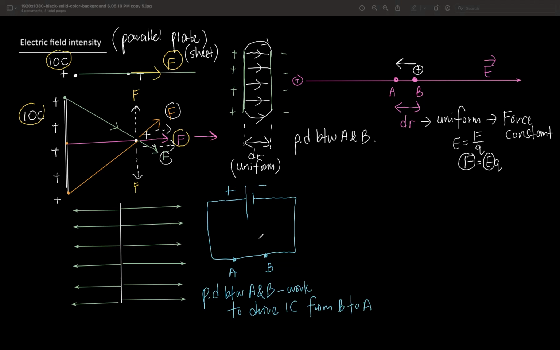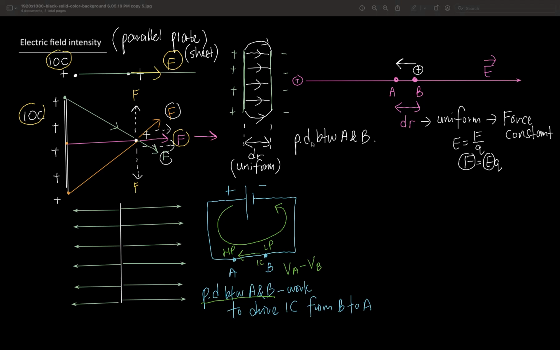Potential difference between AB, which one is larger? A is larger because the current flows like that, so this one has a higher potential and this one has a lower potential. You take the potential difference between them, so it's VA minus VB. The potential difference is equal to the work to drive 1 unit of charge from B to A. So we put it here.